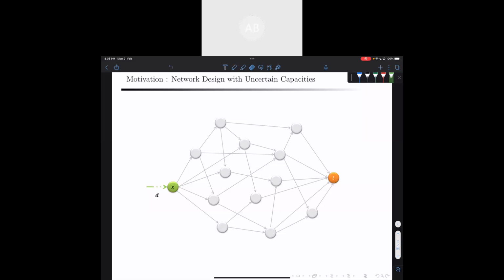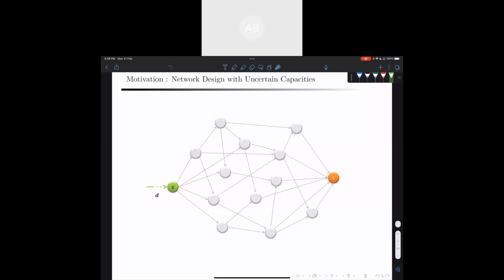These are some candidate nodes that you have available and some arcs that connect them. Our goal is to figure out which nodes and which arcs we should choose, essentially designing the topology of this network such that we are able to send some flow from the source set to the sink set.